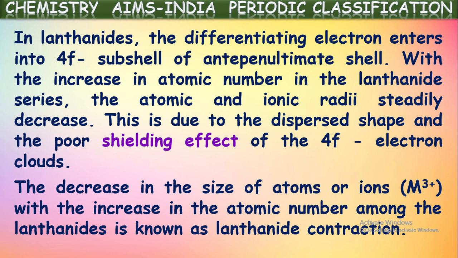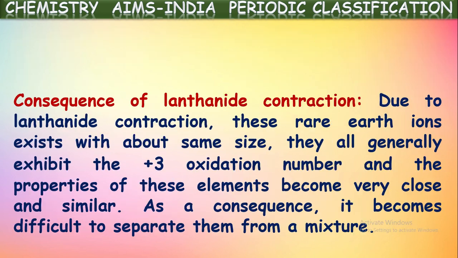The electrons in that 4f subshell are attracted more by the nucleus, and hence they come close to the nucleus. Thereby size decreases. This gradual decrease in the size of these lanthanoids is called lanthanoid contraction. Right?